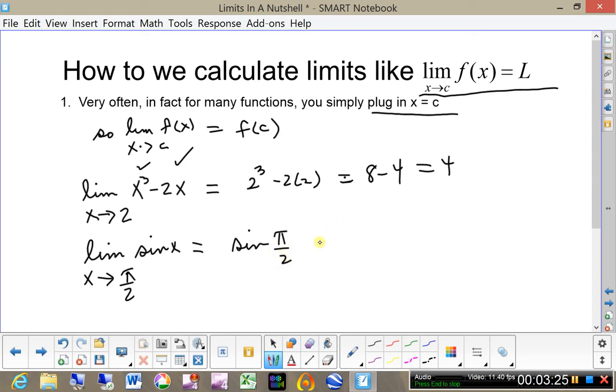You folks ought to remember a good bit of trig, because we're going to use a lot of it this semester. Sine of pi over 2 is 1. So there are all kinds of instances where you just plug in x equals c, calculate f of c, and you've got the limit.